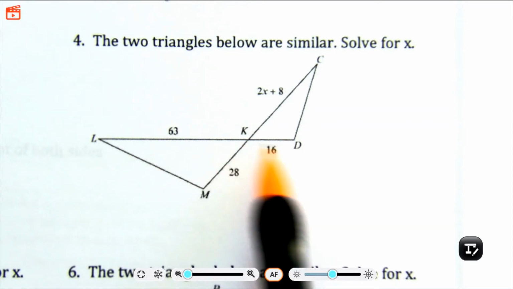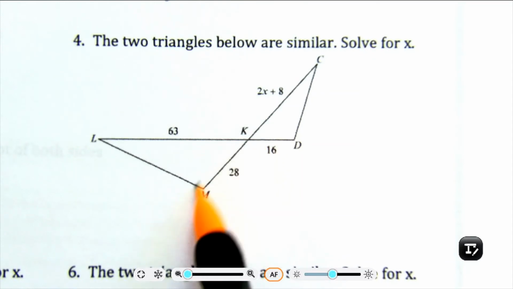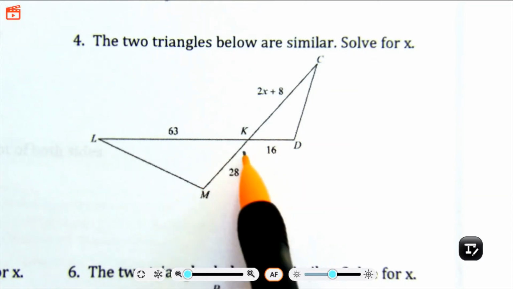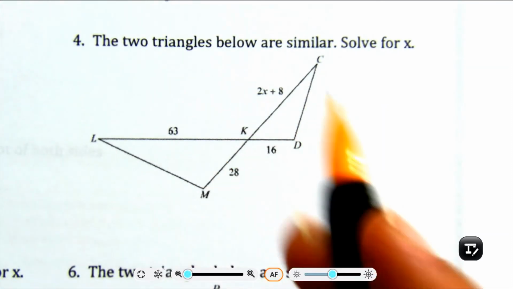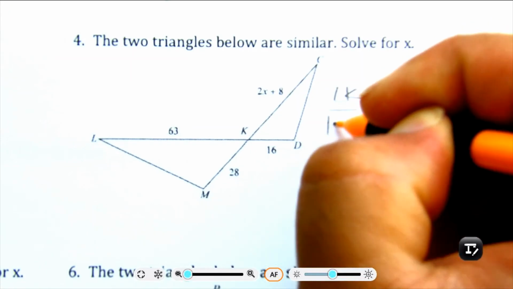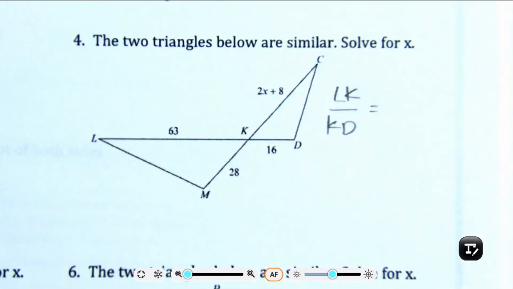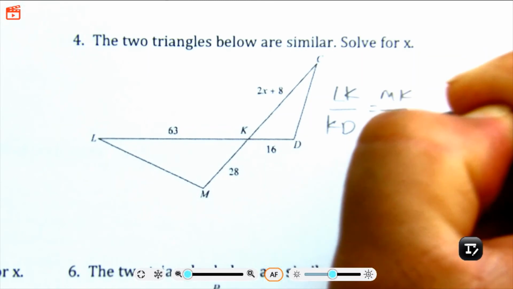This slanted side of the big triangle goes with this slanted side. So we want to say LK over KD is equal to MK over KC. So big over small, big over small.